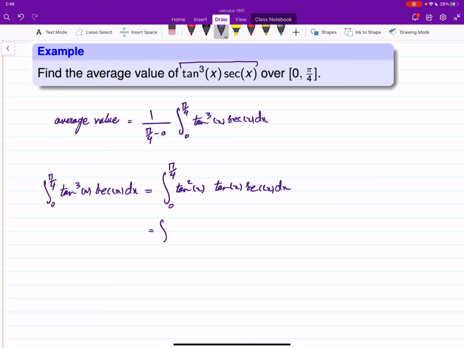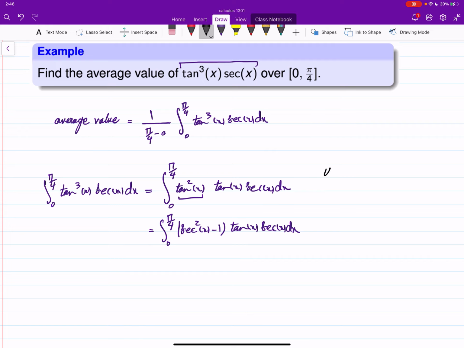And we are almost done. We can do the substitution u equal to secant x, but I have to use the identity tan squared is secant squared x minus 1 times the rest. Now everything is ready for u substitution.